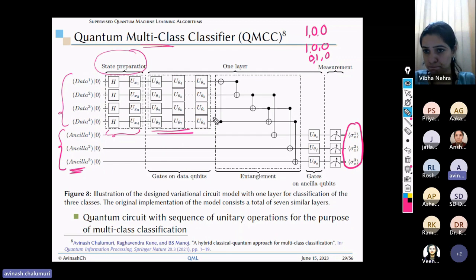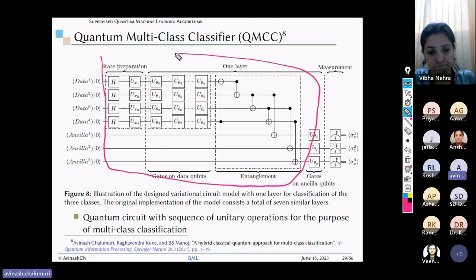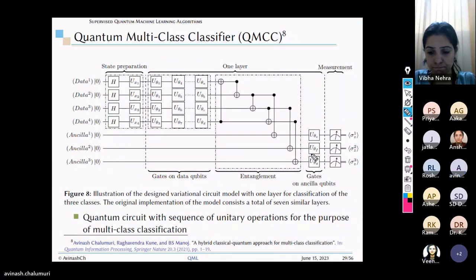If you observe the difference from the traditional approach, the entire processing is done on a quantum computer. After the measurement, you will get some probabilistic values, and you can use them as 0, 1, 0 for one-hot encoding. So this is an example circuit.